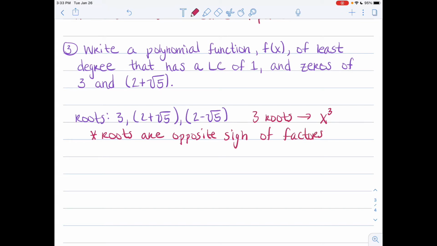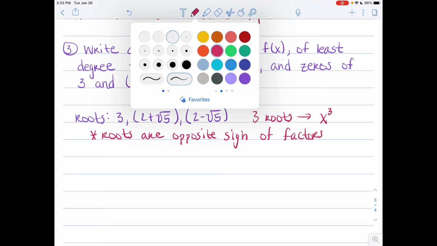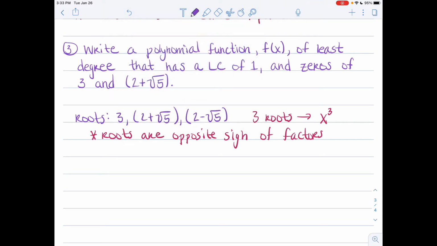All right, so now that we've noted that, let's go ahead and write the factored form of our polynomial. So we're going to start with f of x, and that's going to be equal to all 3 factors based on these roots. So we will have x minus 3, remember you have to take the negative.